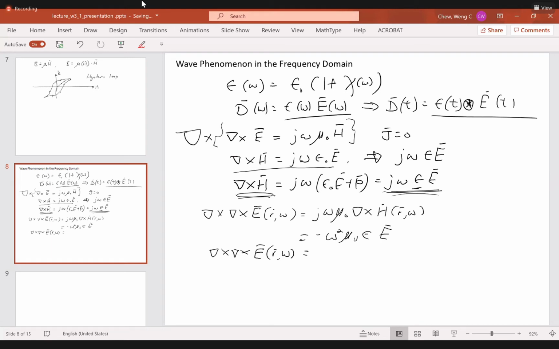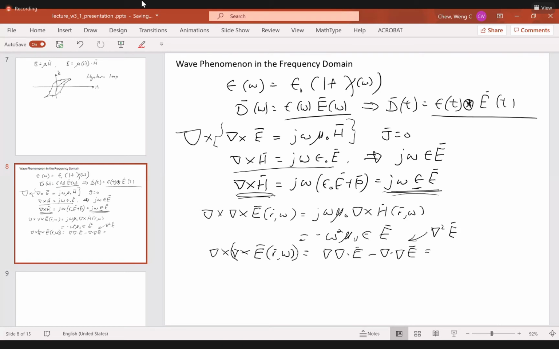We actually take the curl of the first thing, and then if we apply the back of the cat formula, this would be the same as this. You have to apply that in the right order so that the function is always to the right of the del operator. And then we can write this as the Laplacian of E.